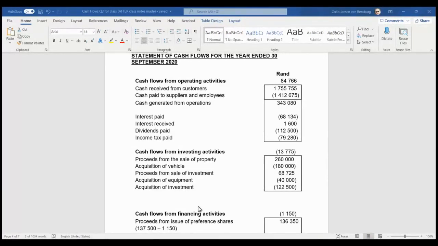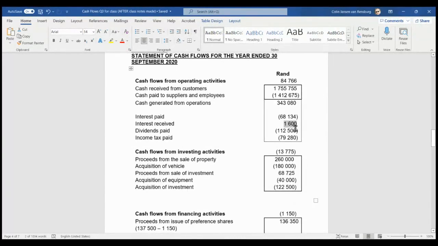And remember, when we are talking about the direct method on the face of our statement of cash flows, this really, truly is inflows or outflows. That is their very nature. So it is an inflow of cash, and that inflow of cash is 1,600 rands.